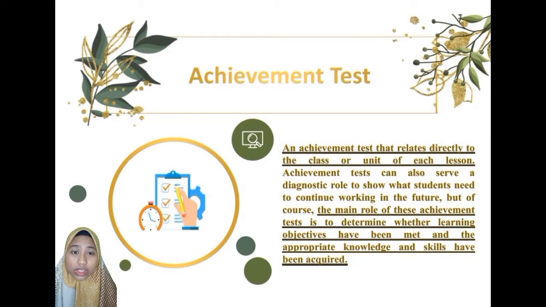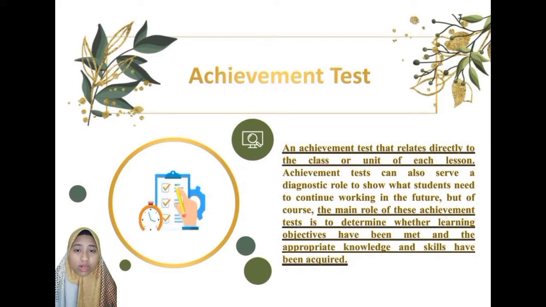Achievement tests can also serve a diagnostic role to show what students need to continue working on in the future. But of course, the main role of an achievement test is to determine whether learning objectives have been met and appropriate knowledge and skills have been acquired.